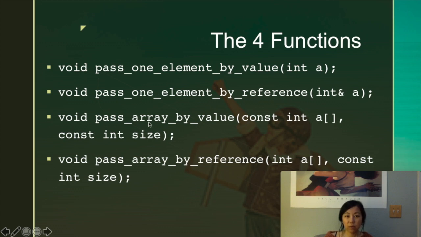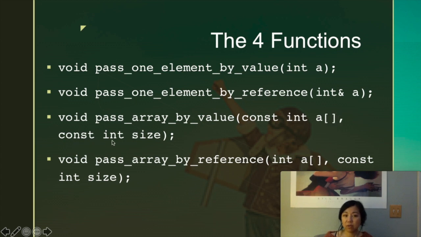And then when we pass a whole array by value, we would actually use a const in front of the array, where the syntax is the data type and then a parameter name with square brackets.